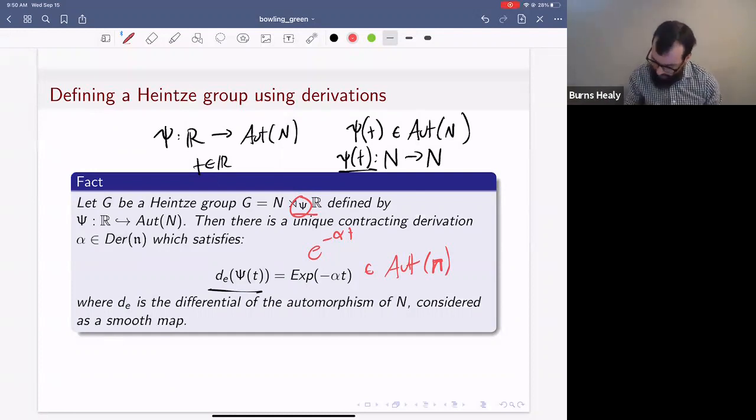Suffice it to say that once I've specified the automorphism of N, really all I need in order to determine the group structure of this Lie group is to tell you about this derivation.